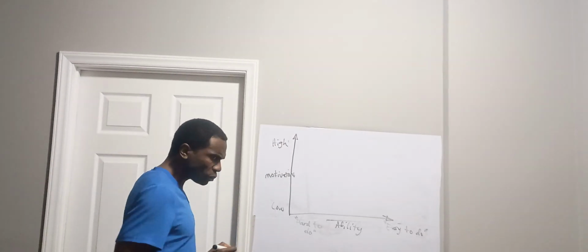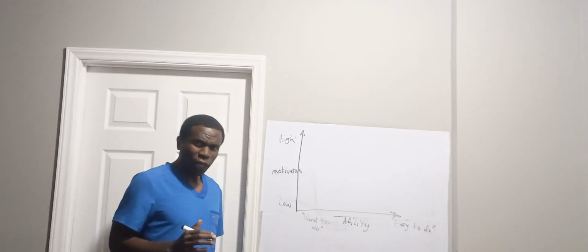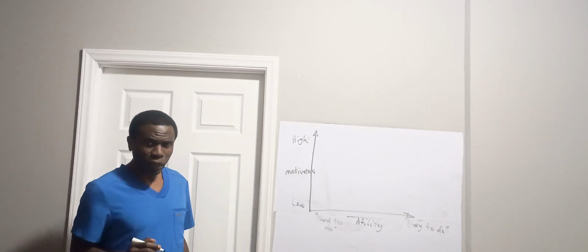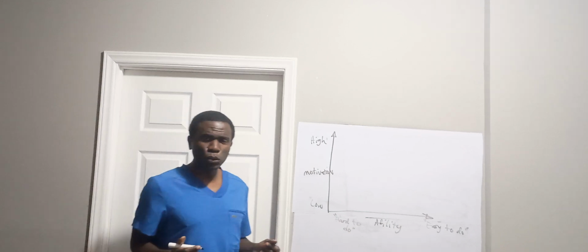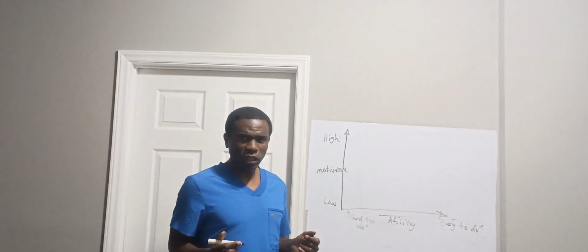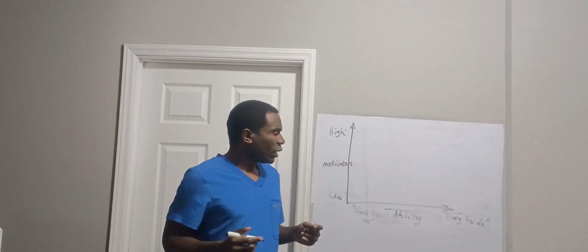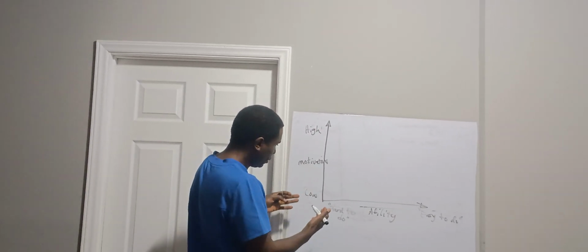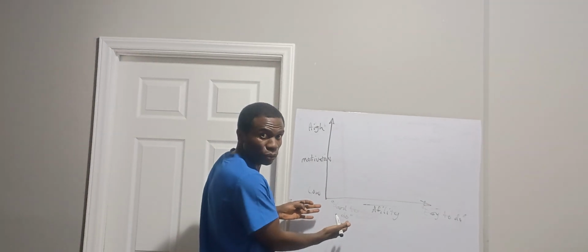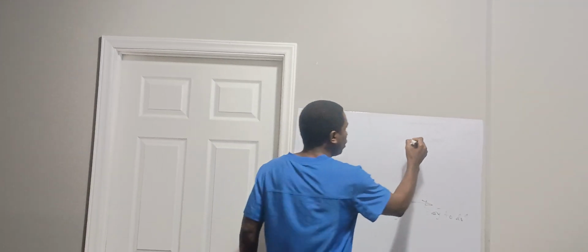Okay. Now let me give you an example. Supposing you wanted to donate to the Red Cross, right? If you have a high motivation and it's easy to do, you will be on the top right hand corner here.